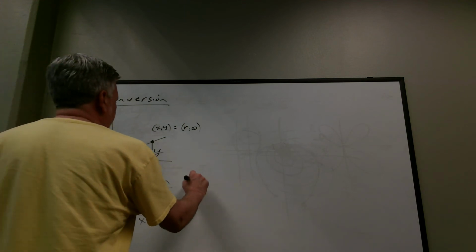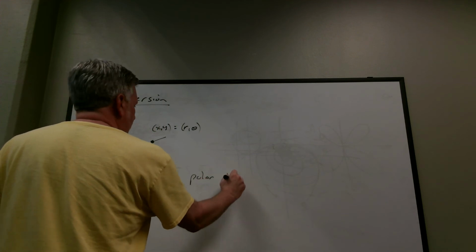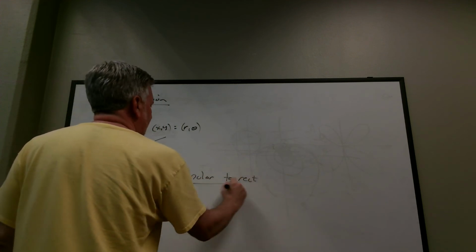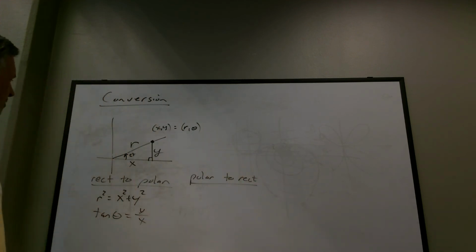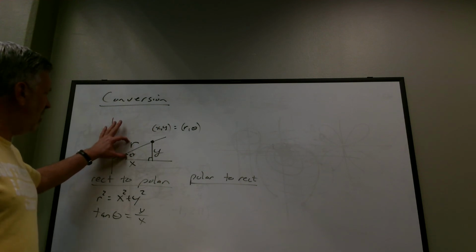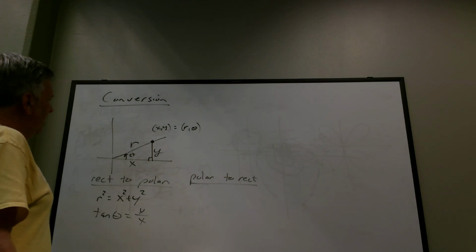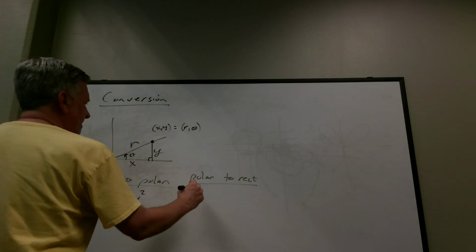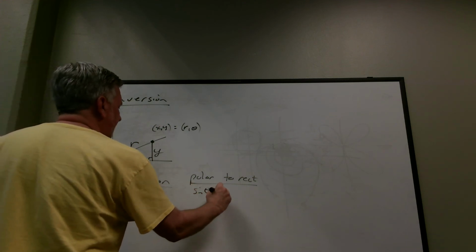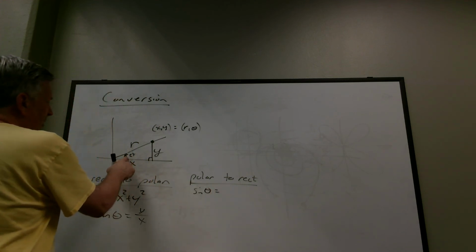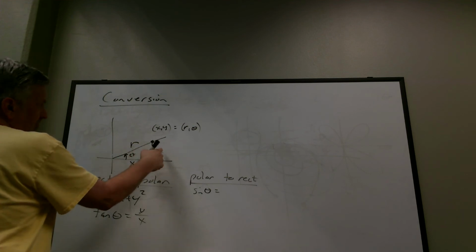Okay, now what if you knew the polar and you were trying to go to rectangular? If you knew theta and r, how could you get x and y? Well, what's the sine of theta? Remember that's opposite over hypotenuse, or y over r.